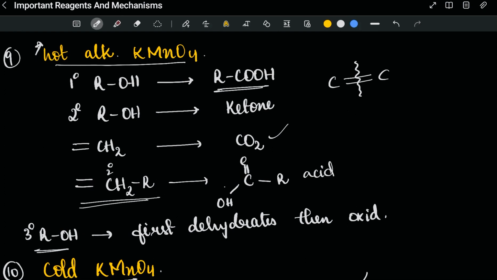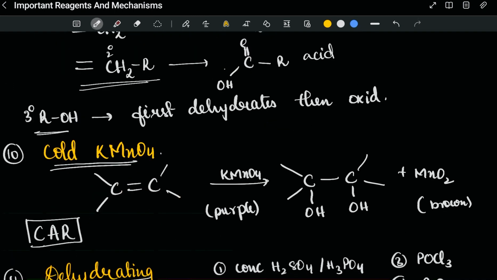If a secondary alcohol is there, it will immediately convert it into a ketone whenever we are using hot alkaline KMnO4. But a tertiary alcohol cannot be oxidized. So what it does is it dehydrates and then oxidizes using the power of oxidative cleavage.